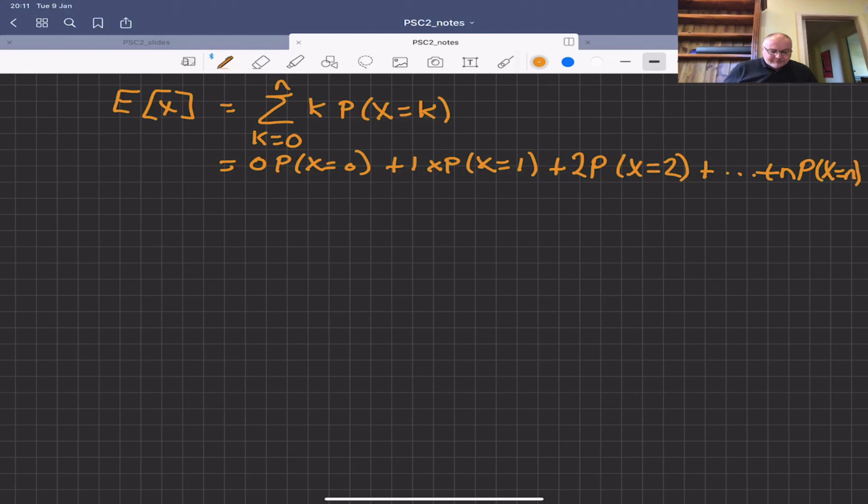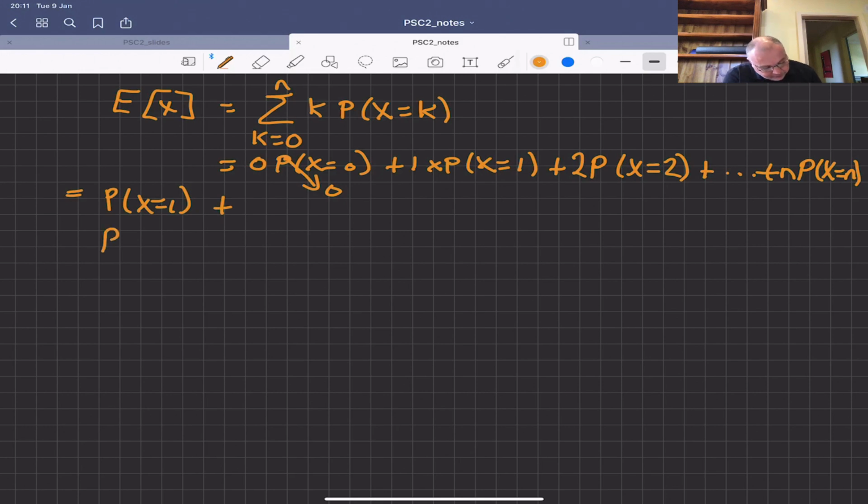I'm going to really go old school and write this long form. So 0 times is just 0, no problem. The first one, we've got the probability that X equals 1. Plus, I've got 2 times this, so I'm going to write it twice.